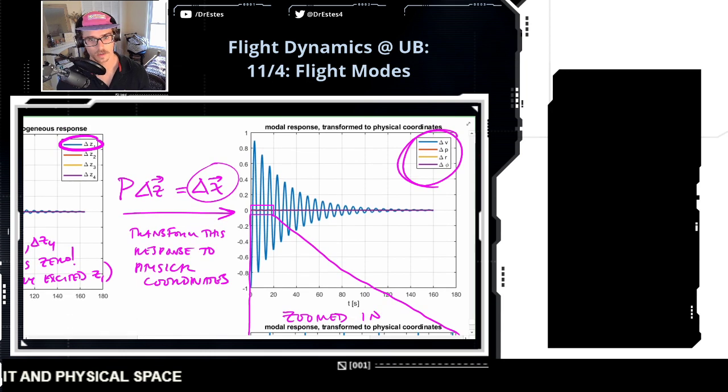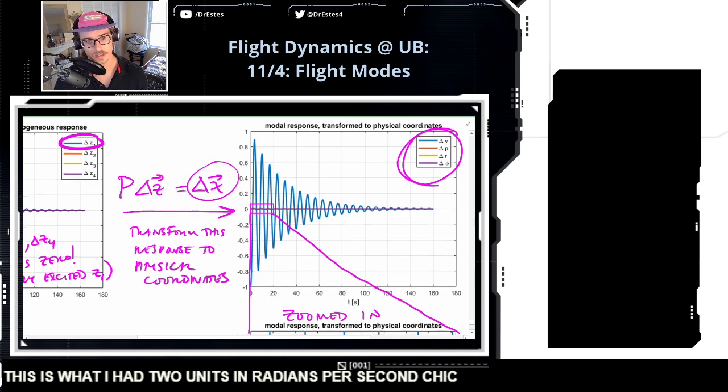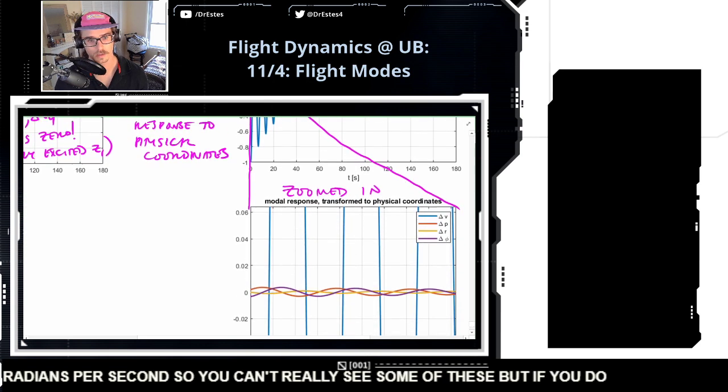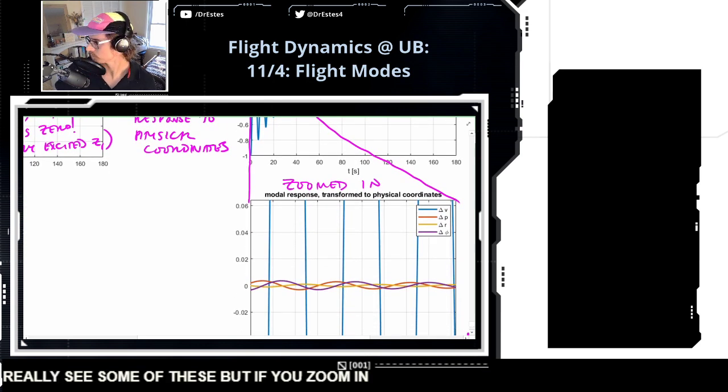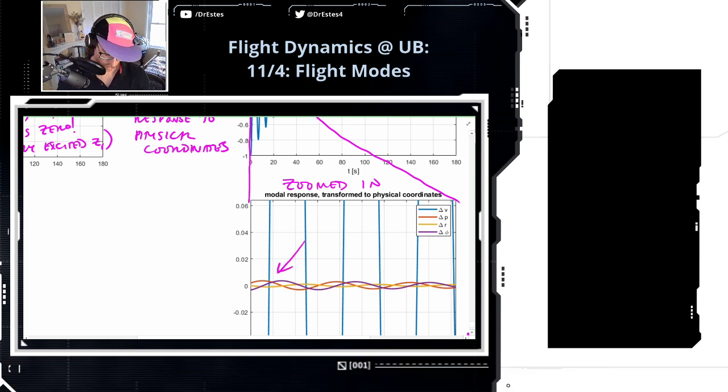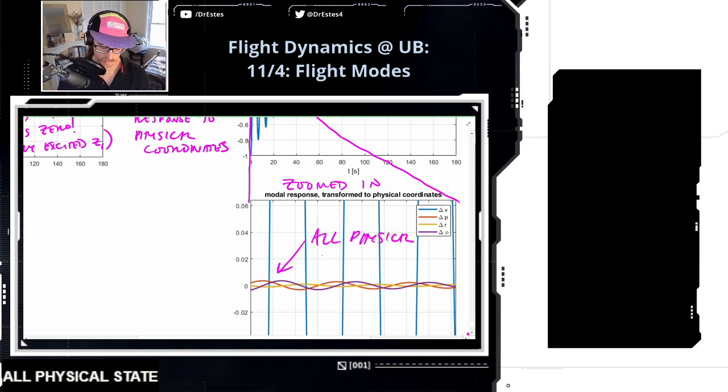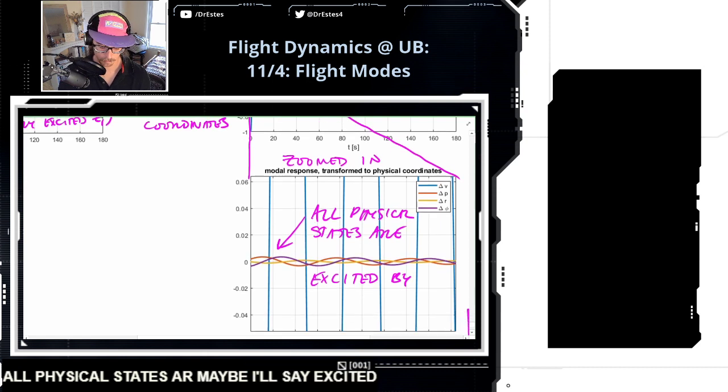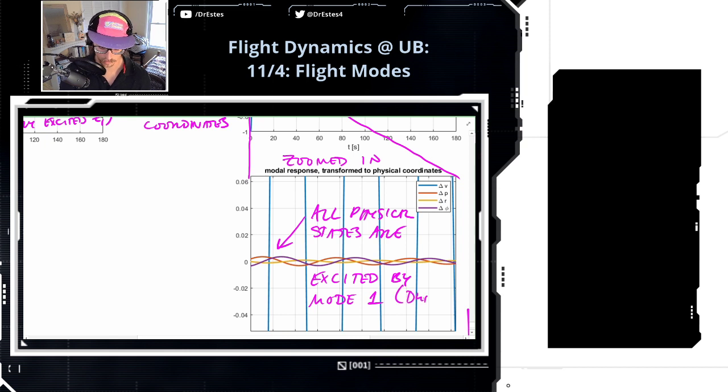Oh, this is when I had the units in radian per second. So you can't really see some of these. But if you zoom in, all physical states are, maybe I'll say excited by mode 1, which is the Dutch roll.